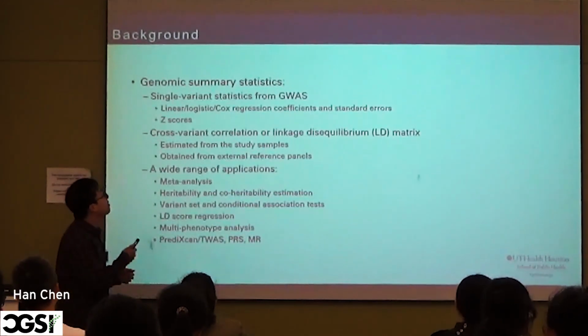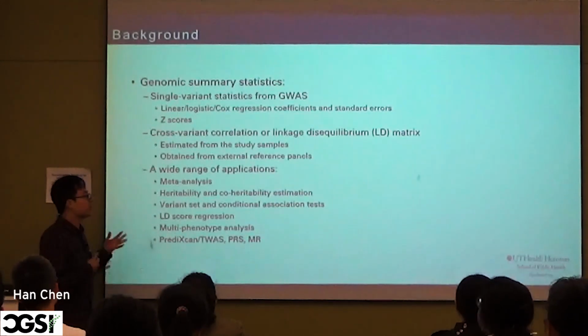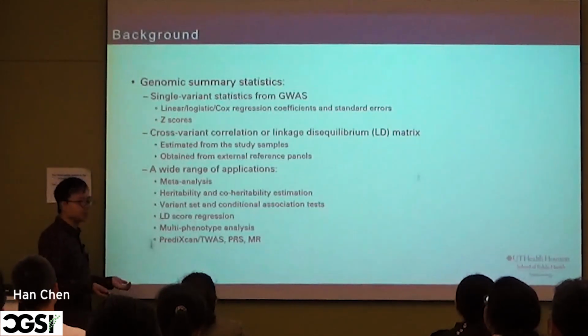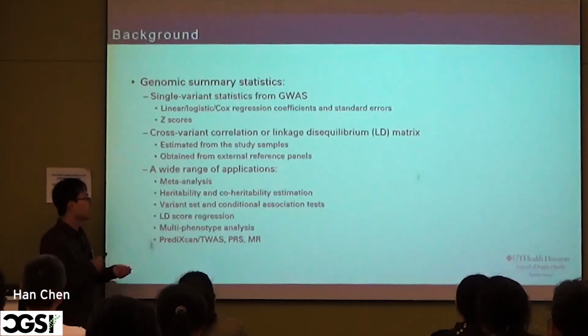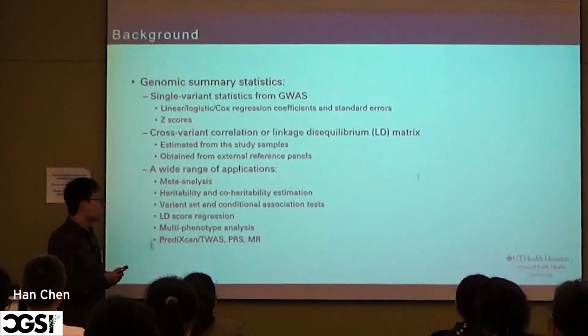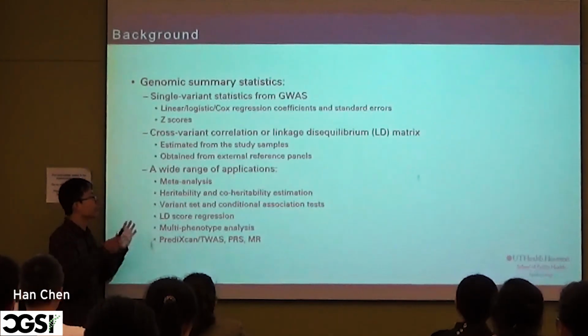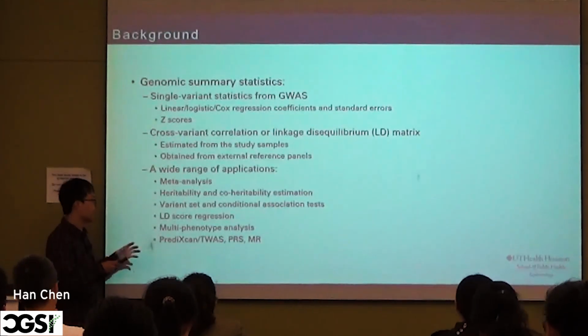Taking them together, we can do a lot of things with genomic summary statistics. We can do meta-analysis, which is a very simple application. We can do heritability, co-heritability, or genetic correlation estimation. For rare variant analysis, we can do variant set and conditional association tests, if you know the correlation between the variants that you're looking at together. You can also do LD score regression.